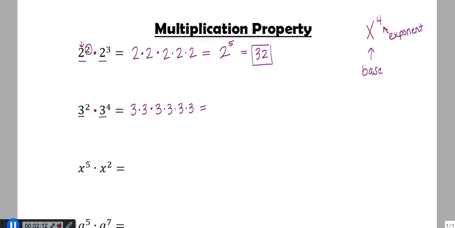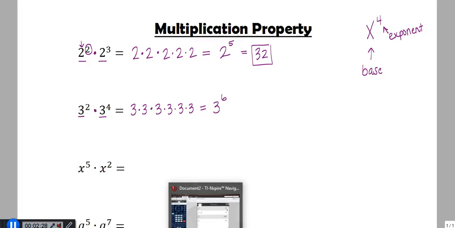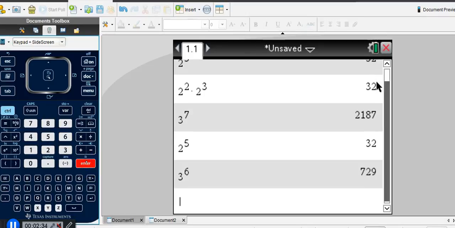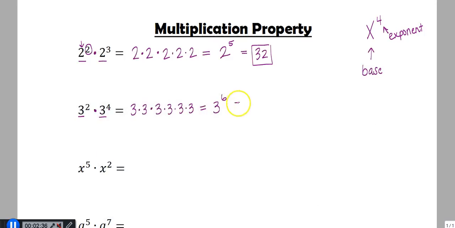When I simplify this, my base is 3, and I have 1, 2, 3, 4, 5, 6 of them. So I have 3 to the 6th power. Again, since my base is a number and my exponent is a number, I can type that in my calculator. 3 raised to the 6th power, 729.